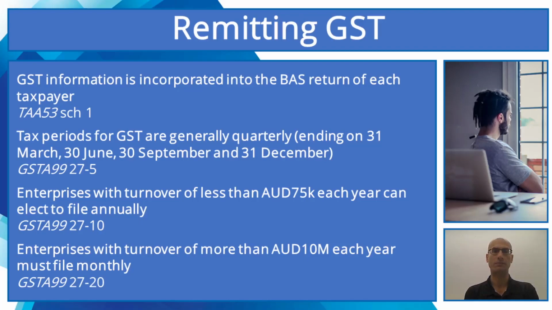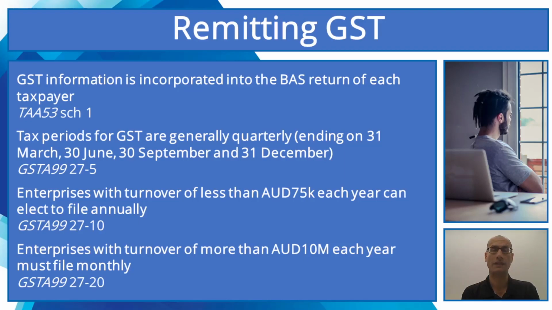Where you've got a small entity, so one which is less than $75,000, those usually are not required to be registered for GST, so that if you have elected to be registered and you are, as a result, both claiming input tax credits and are required to pay GST as part of that, then you can file annually.